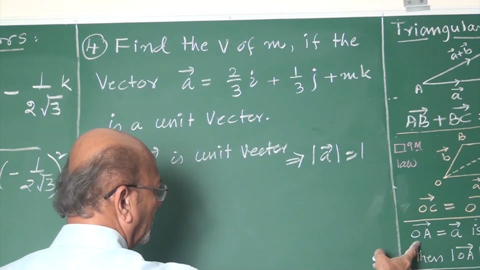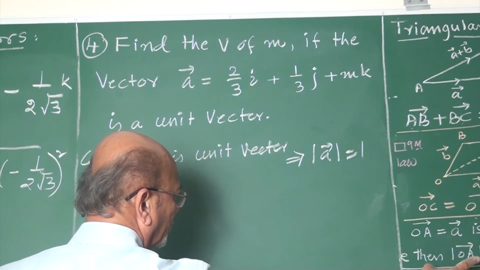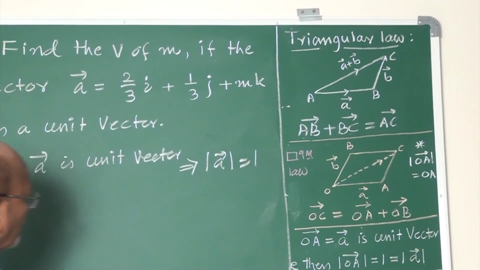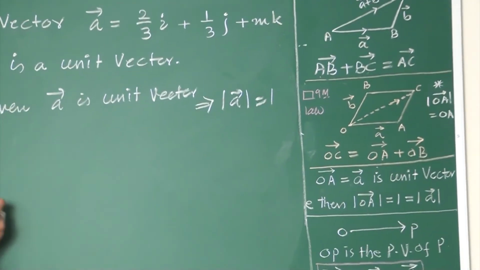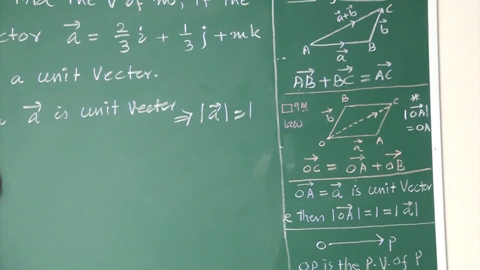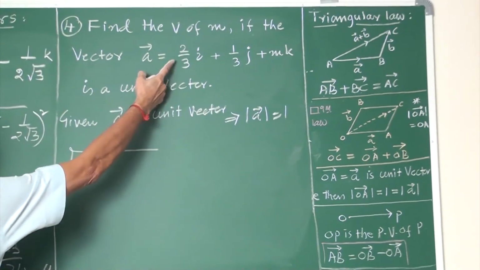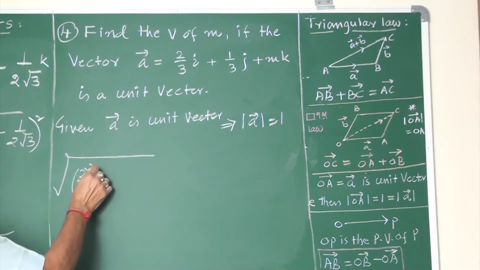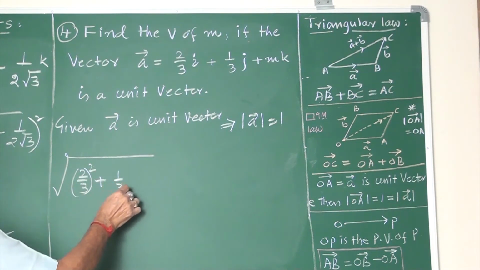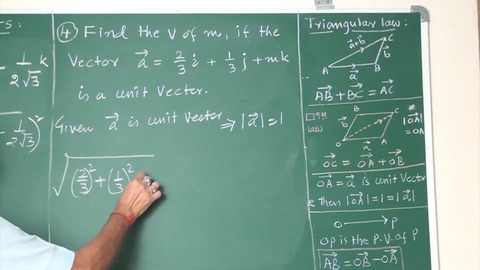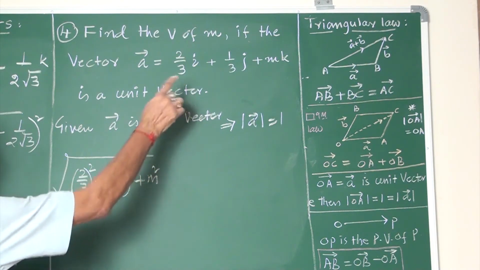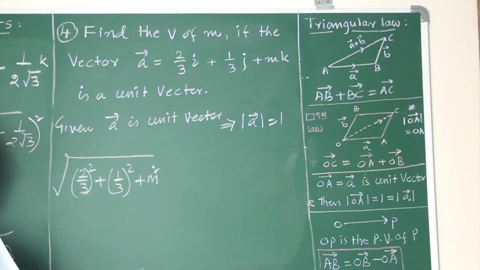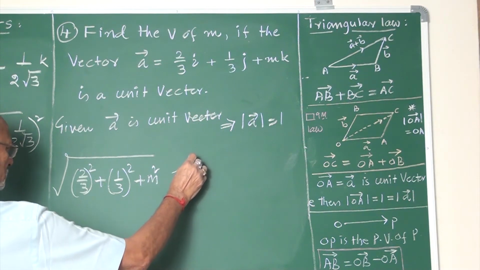See here, if OA equals A is a unit vector, then its magnitude is 1. What is the magnitude of the vector A? Square root of 2 by 3 the whole square plus 1 by 3 the whole square plus the third one, the k coefficient, m square, equals 1.